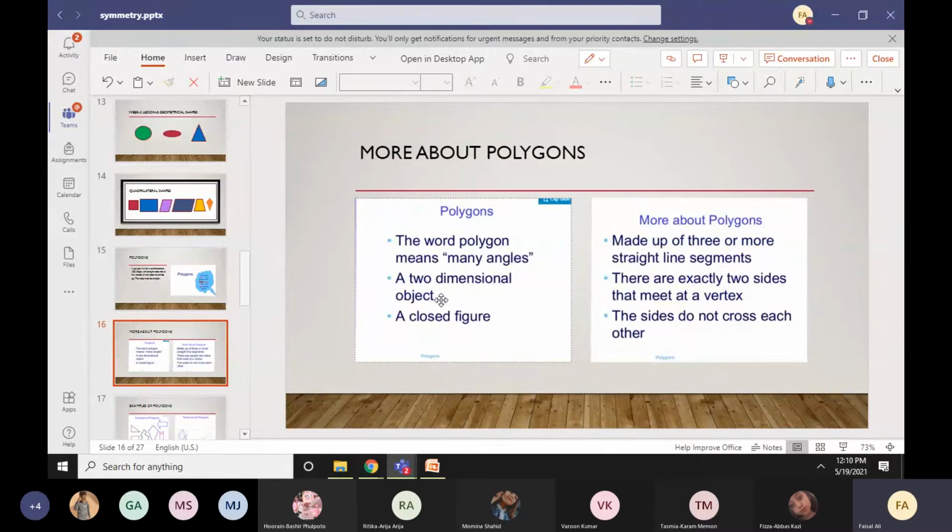Like a ball has inside space, but these are 2D shapes, and a 2D shape does not have any space in it. So all these polygons are two-dimensional objects and closed figures, and we can make a polygon ourselves with the help of three or more straight lines.